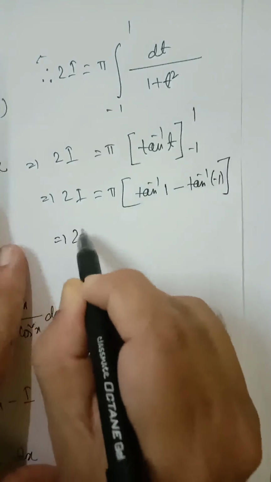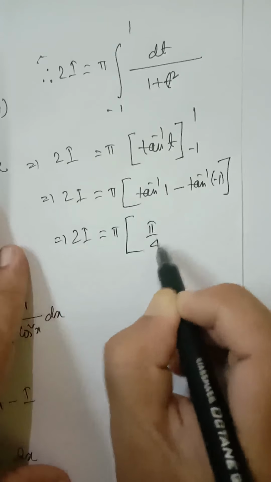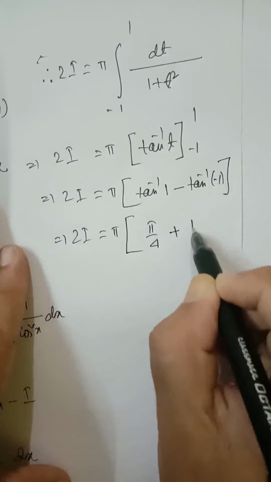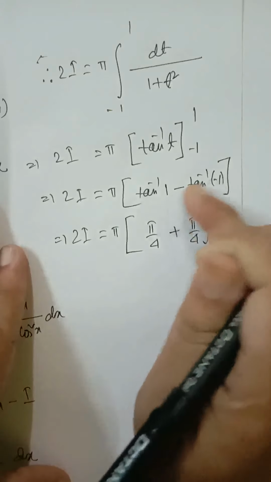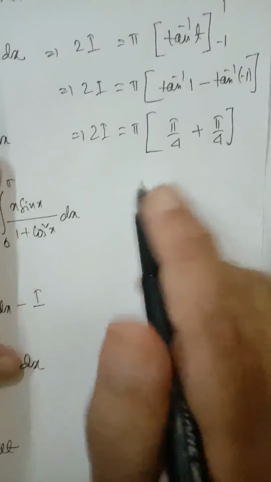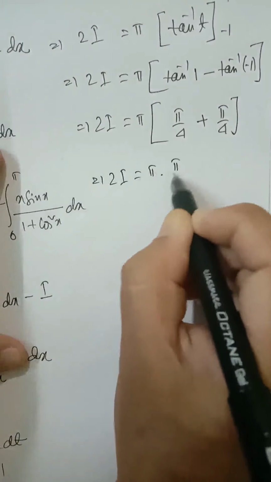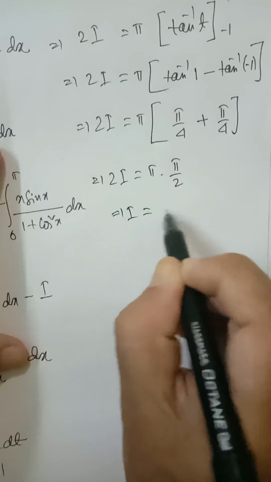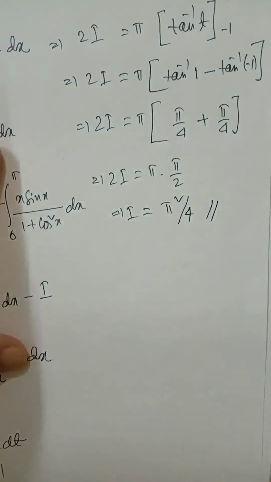So twice I equal to pi into tan inverse of 1, which is pi by 4, minus tan inverse of minus 1, this will become plus tan inverse of 1, which is pi by 4. Tan inverse of minus x is minus tan inverse of x. So twice I equal to pi into (pi by 4 plus pi by 4), which is pi by 2. So I equal to pi square by 4.